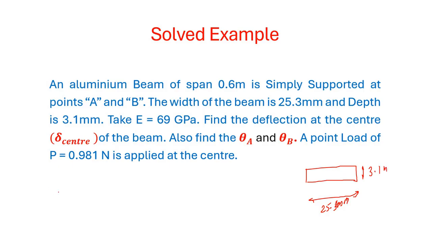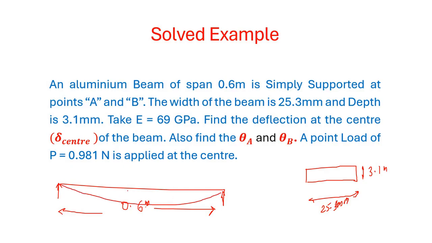This is the aluminium beam. So you can see that the aluminium beam is taken like this, where the span is 0.6 meters. And the Young's modulus of elasticity is 69 GPa. Find the deflection at the center and also find out theta A.